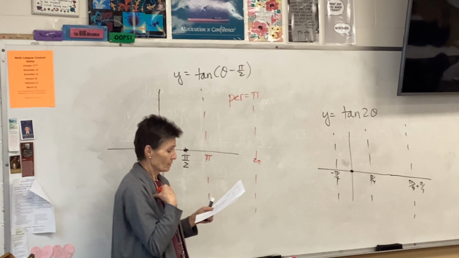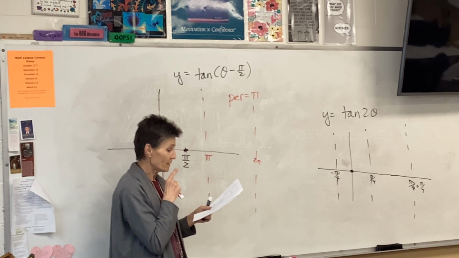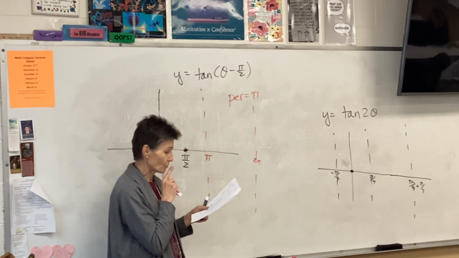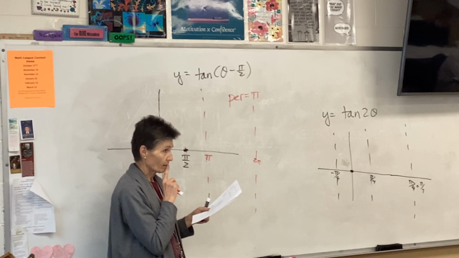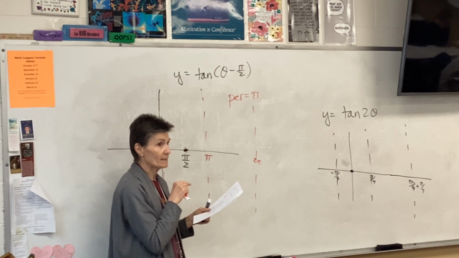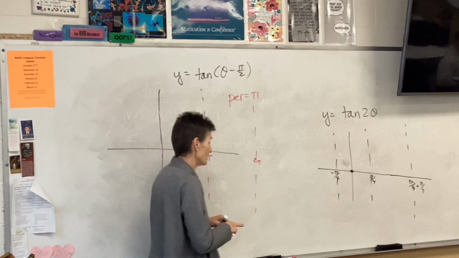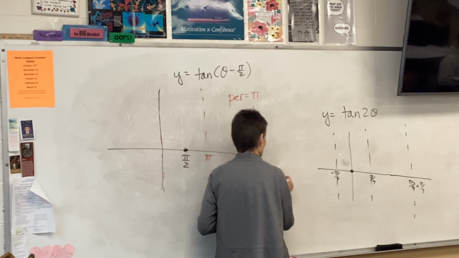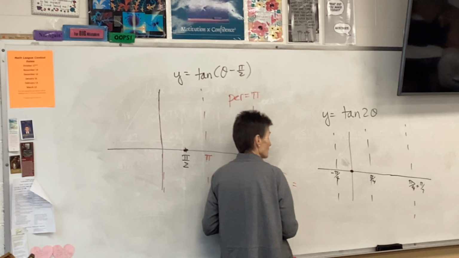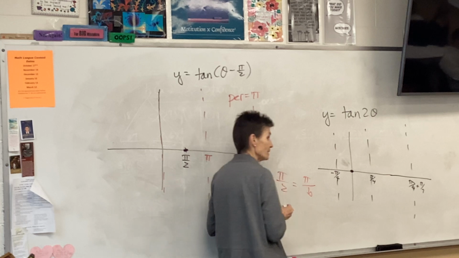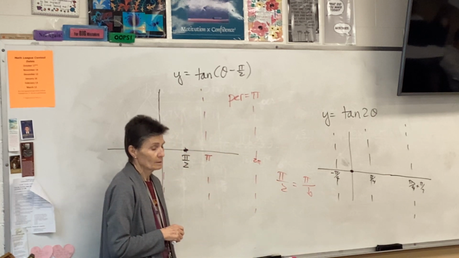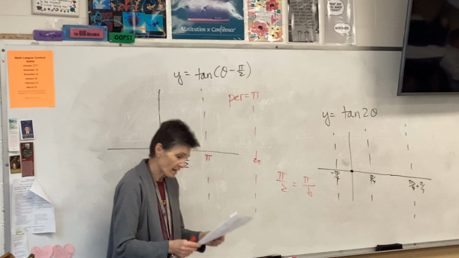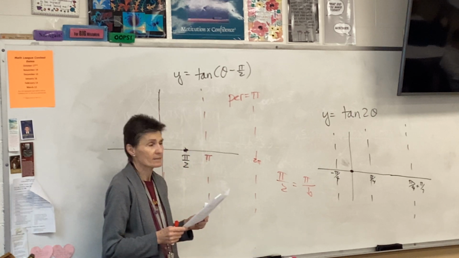Now, what's the period of the picture drawn? Pi over 2. So I'm trying to figure out what B is. If period is pi divided by B, then doesn't my B have to be 2? Which means it's bigger than 1, so the answer is C.